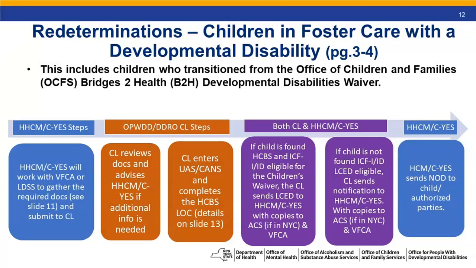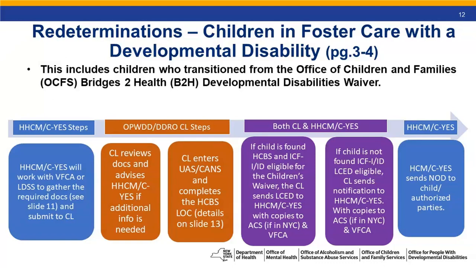If the child is found HCBS eligible and ICF-I eligible for the children's waiver, the Children's Liaison sends the LCED to the care manager with copies to ACS if the child lives in New York City and the voluntary foster care agency.